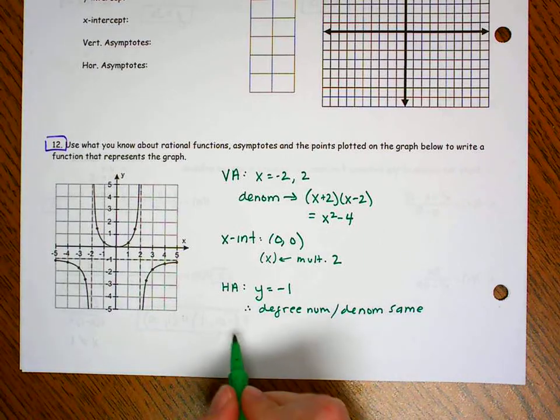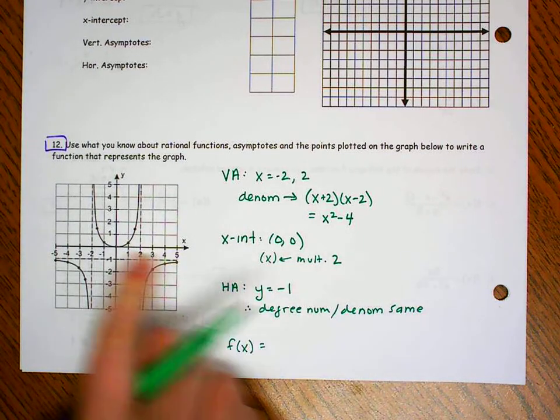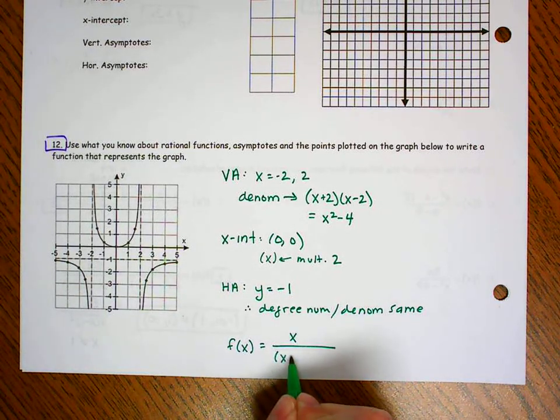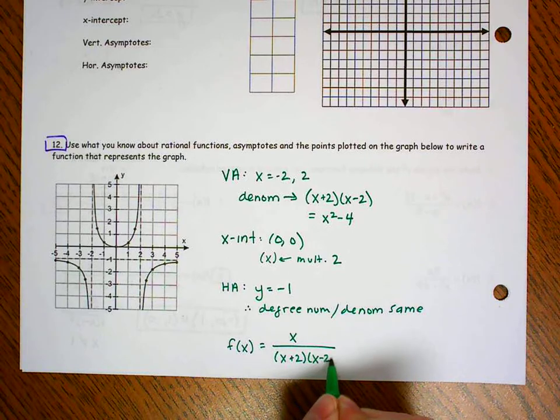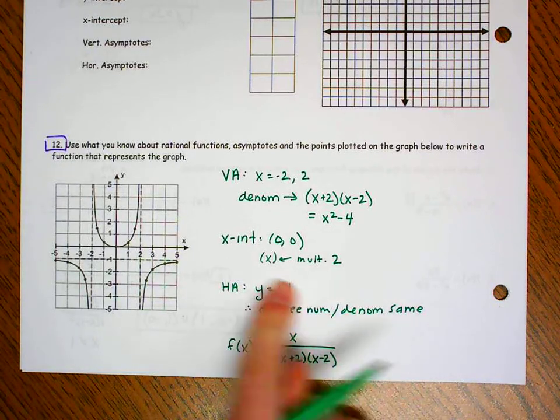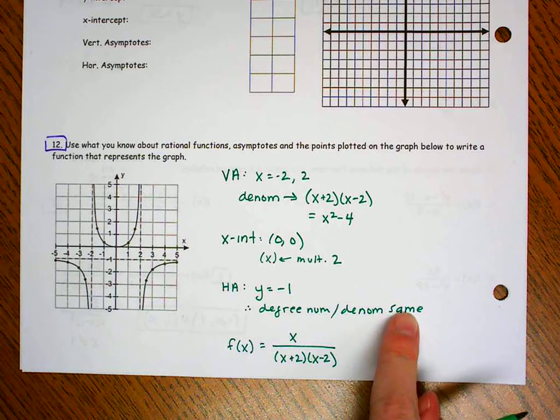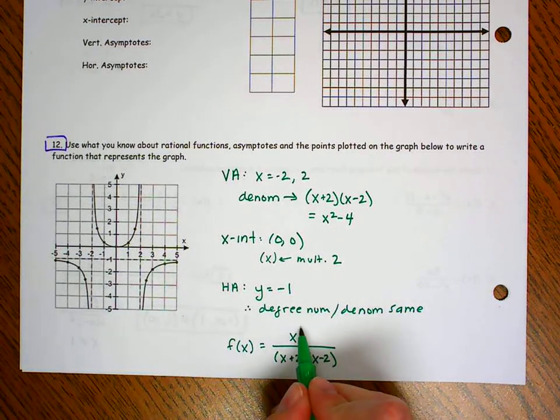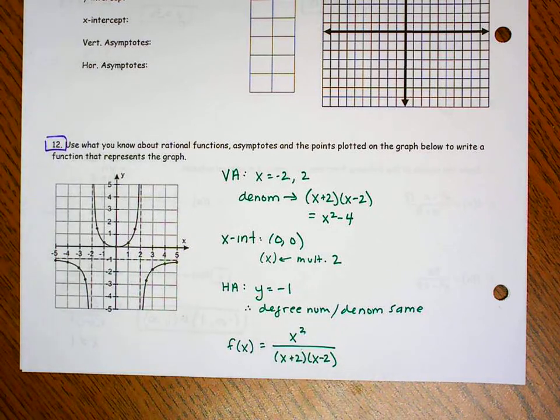So if I start writing this out, I'm going to get f of x is equal to, now if I didn't notice this multiplicity of 2, this is what I would have put. But you'll notice this is telling me that the denominator and numerator's degree has to be the same, that I need to have another term up here. Well, since there's no other zeros, that would also give me an indication that this same factor is going to have to be used twice, have a multiplicity of 2. So there is my function.